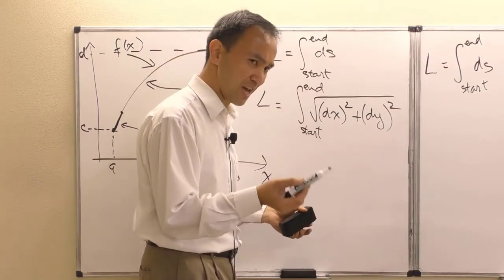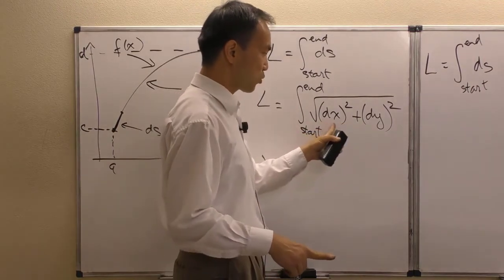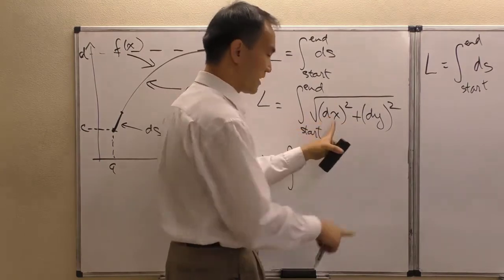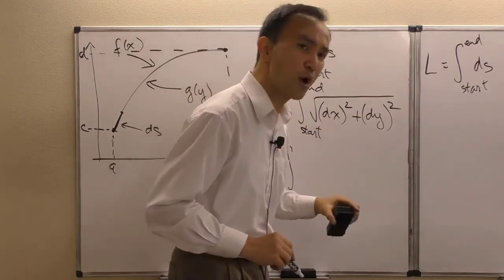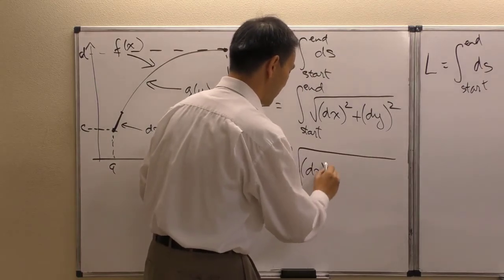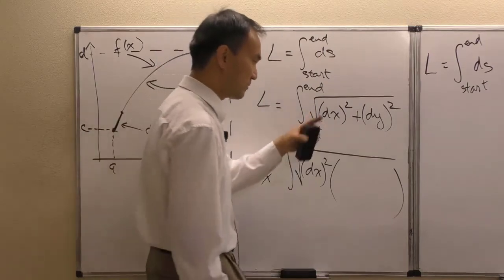Now as I'm saying it clearly, I have a choice. You see that there's a dx squared plus dy squared. Algebraically, I have a choice to factor out. So here I'm going to choose to factor out dx squared. So inside of my square root, I'm factoring out the dx squared. Okay, so let's see what's happening. It's going to give me the following.